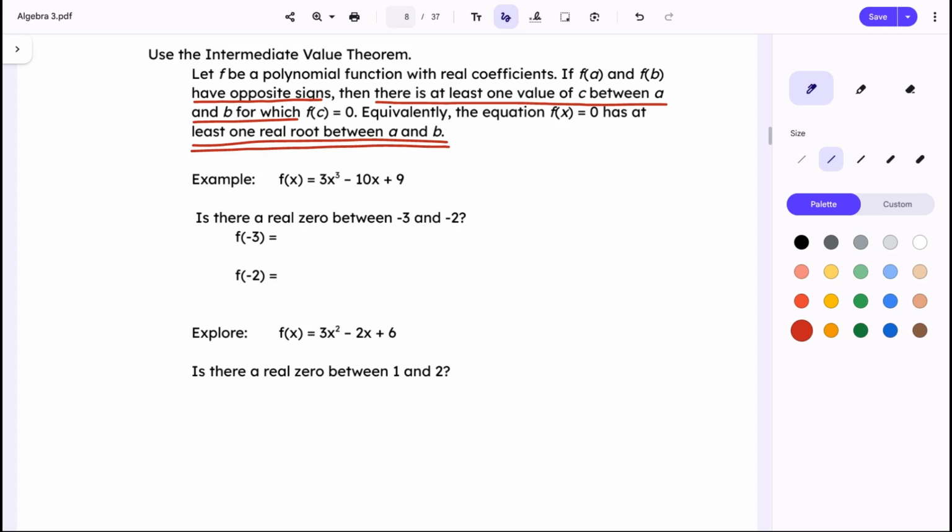If there's not a visible sign change, so if you get two negative answers or two positive answers, then there isn't a root located between those two numbers. This is helpful when you're trying to sketch a graph, or figure out if it's going back up, or getting really close to the x-axis, or what it's doing. So I'm going to show you how to do this.